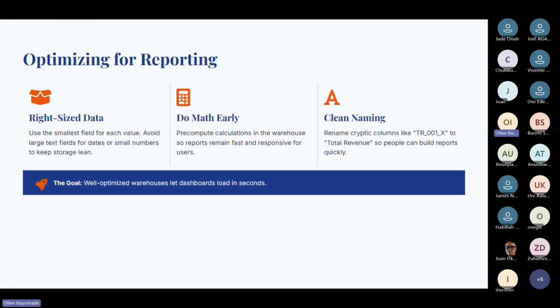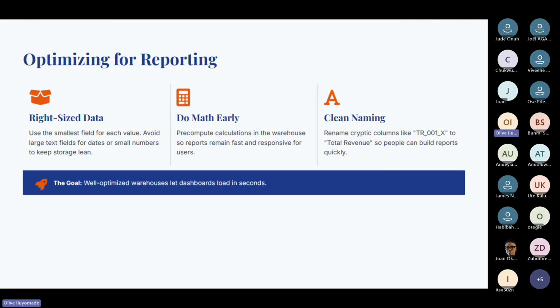Set the barest minimum, okay, so that space is not wasted or you don't have unnecessary space in your tables. Okay, so like a text field, maybe for dates or small numbers, don't set something that can take 50 characters when you're only using 2 characters, things like that.